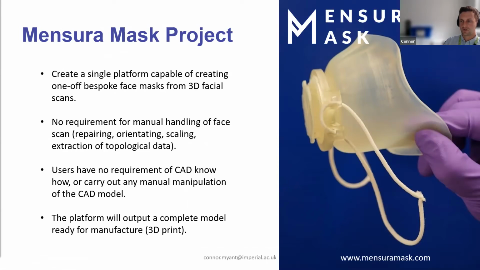And whilst there was a lot of great work going on to address the global demand in PPE by augmenting supply lines, searching for new supply lines, we really wanted to focus on the design of these and try to find an approach that would create a legacy that would hopefully remove these problems from any future pandemic or any future crises where we have a sudden global demand in this type of equipment. So we began this project, which we called the Mensura Mask Project.